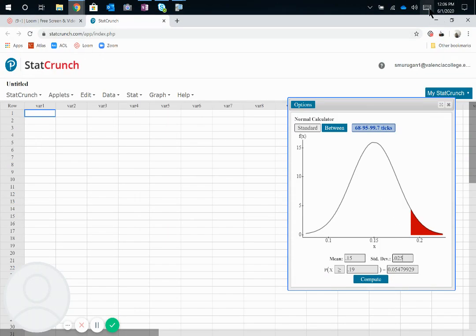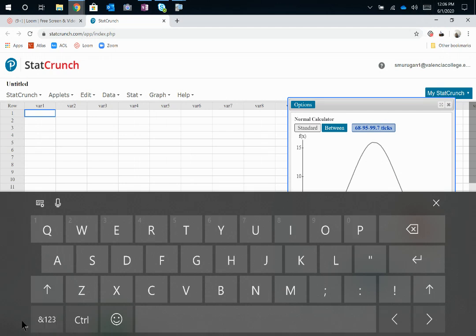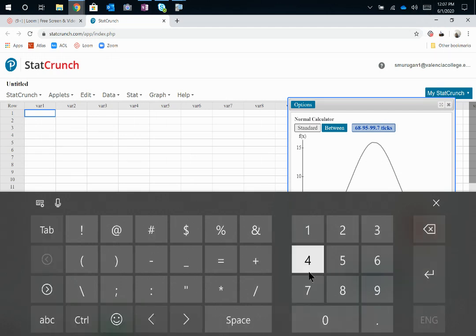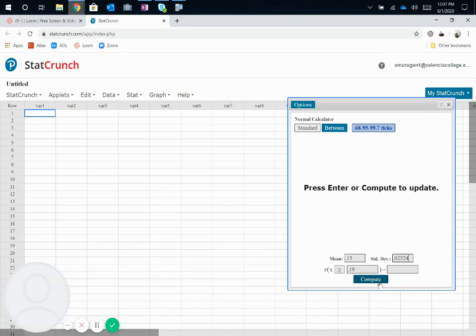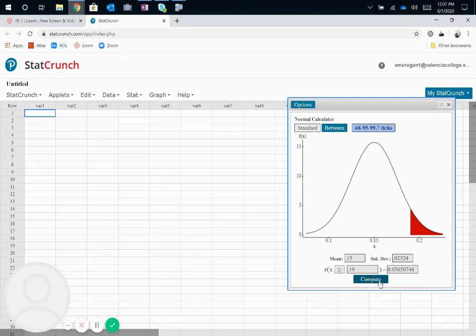I can add in another number here, say 2, 4, and compute it. And the more digits you add in for standard deviation, the more accurate your answer is going to be, okay?